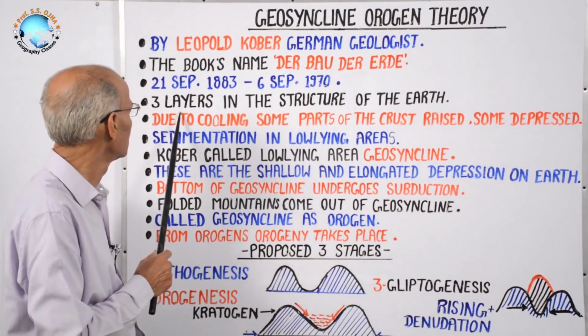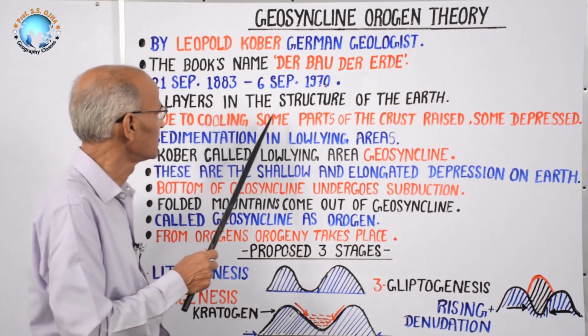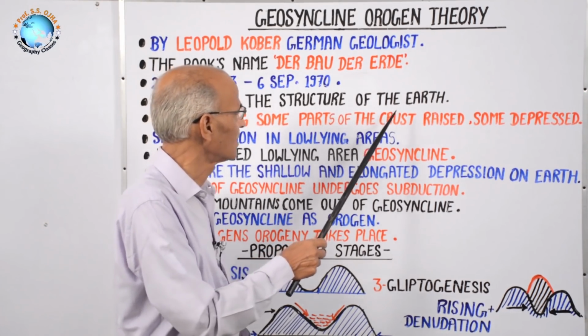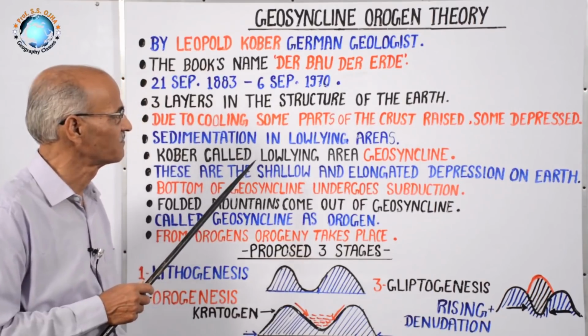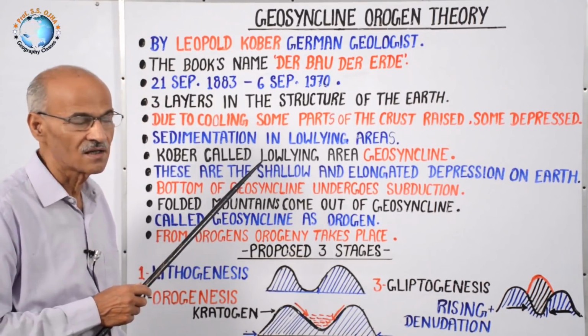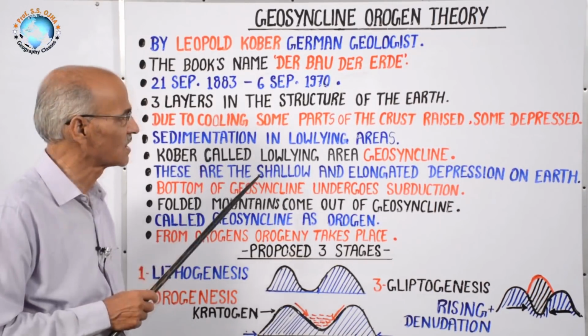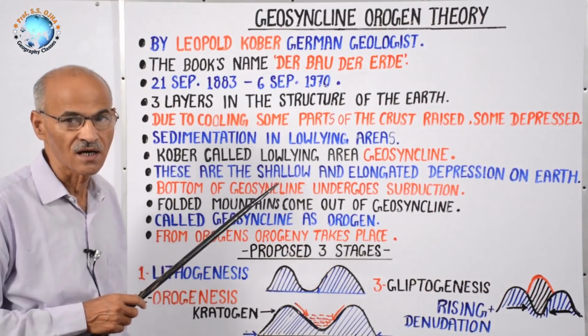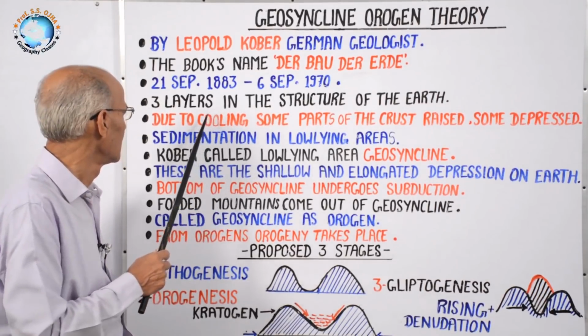He supposed that there are 3 layers in the structure of the earth. Those 3 layers were Sial, Sima, and Nife. Now those are called crust, mantle, and core respectively.